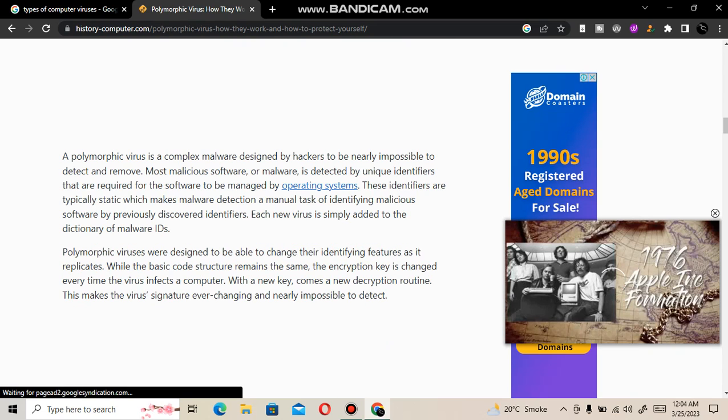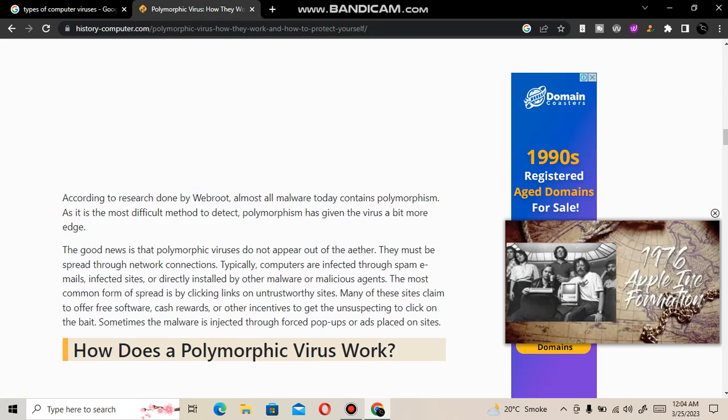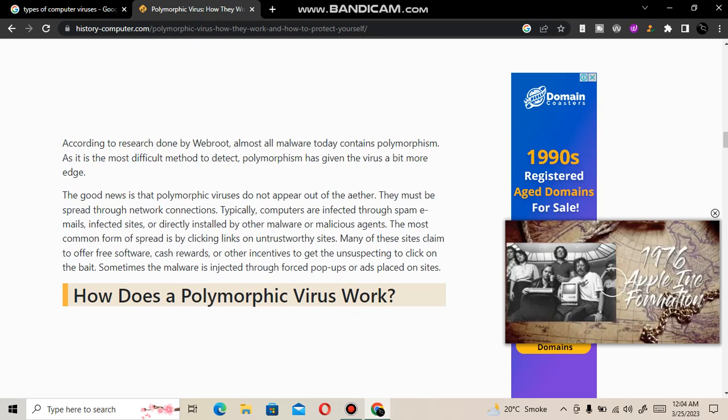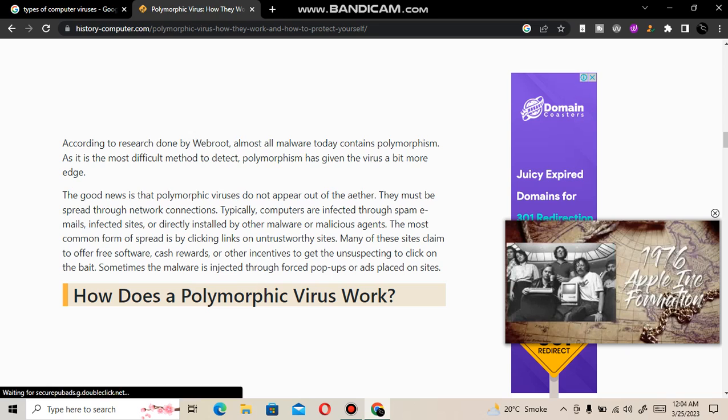This makes the virus signature ever changing and nearly impossible to detect. According to research done by Webroot, almost all malware today contains polymorphism, as it is the most difficult method to detect. Polymorphism has given the virus a bit more edge.